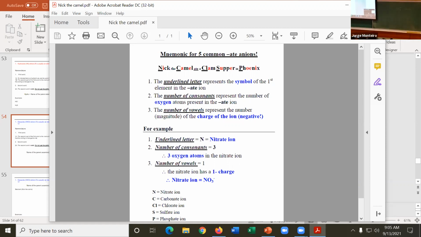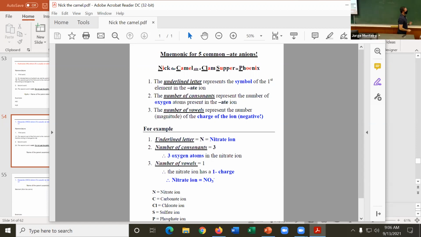So let's do the second example. Underline the letter C for carbon. The number of oxygens is going to be the number of consonants. So we have 3 consonants, so therefore CO3.